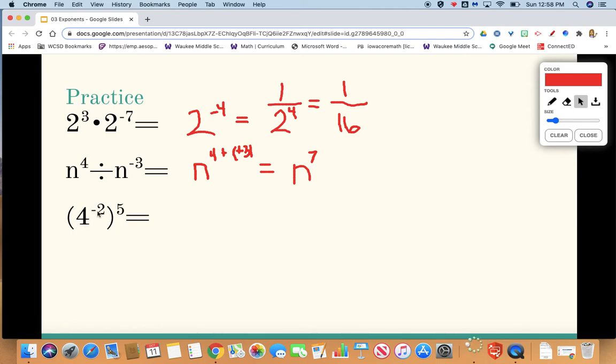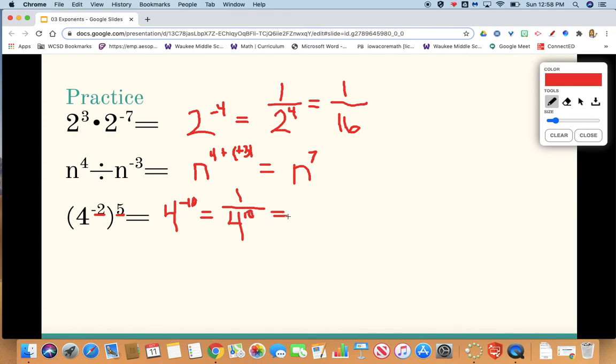4 to the negative 2nd power, all to the 5th power. Power to a power means we multiply the powers. So this would be 4 to the negative times a positive gives us a negative 10th power. To make this exponent a positive, we place a 1 over top of it. 4 to the 10th drops below.